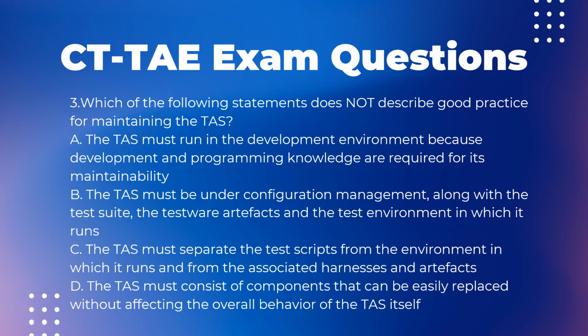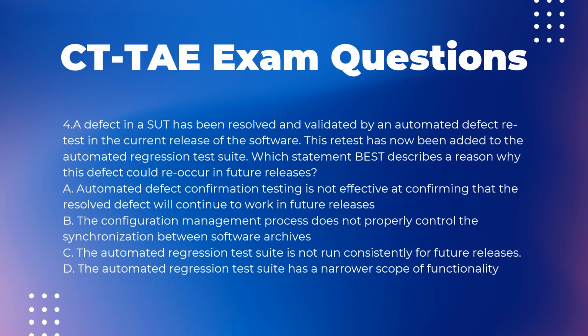4. A defect in a SUT has been resolved and validated by an automated defect retest in the current release of the software. This retest has now been added to the automated regression test suite. Which statement best describes a reason why this defect could reoccur in future releases?